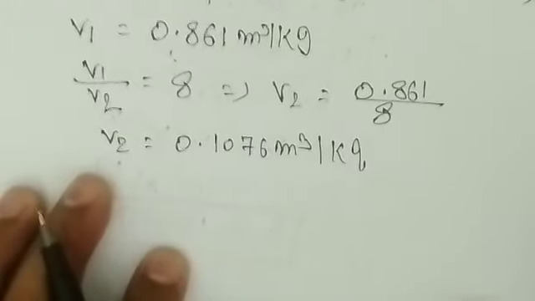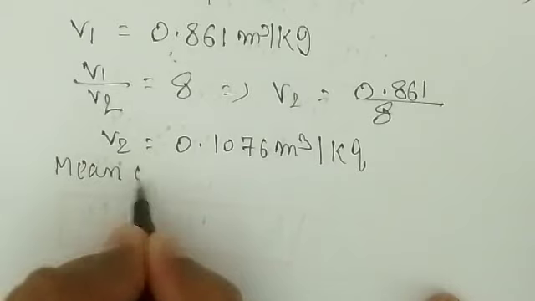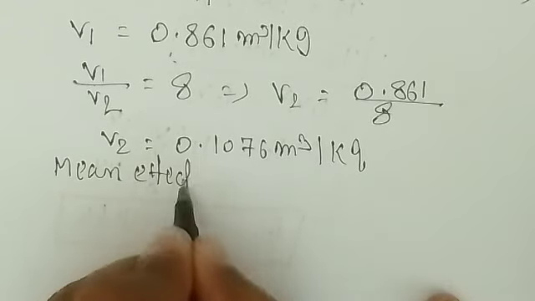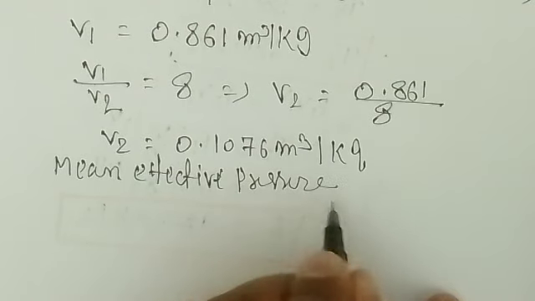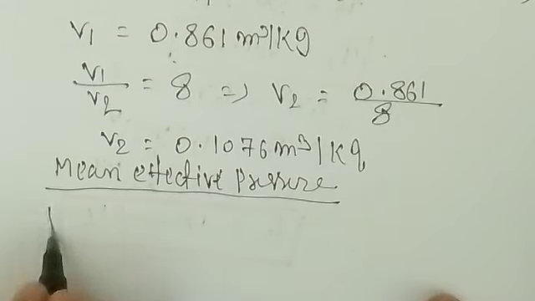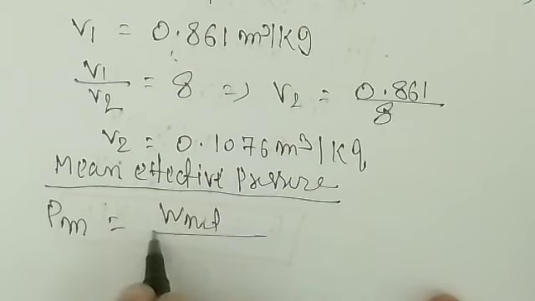Now you need to find out the mean effective pressure. So you can make a subheading, mean effective pressure. Mean effective pressure, which we denote by PM, is W net by swept volume.